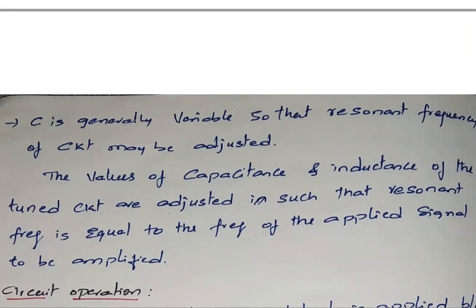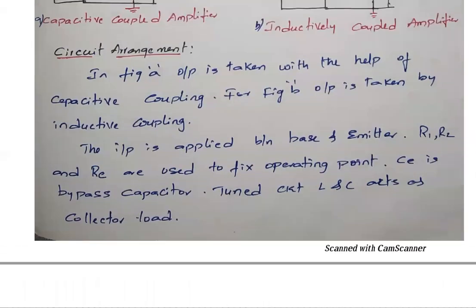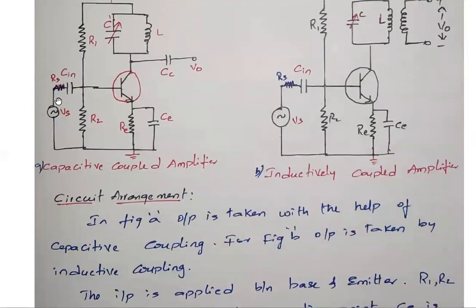The values of capacitance and inductance of the tuned circuit are adjusted such that the resonant frequency is equal to the frequency of the applied signal. The condition for resonance is that the input frequency we apply, the signal Vs, equals the frequency of operation, say 2 kHz.